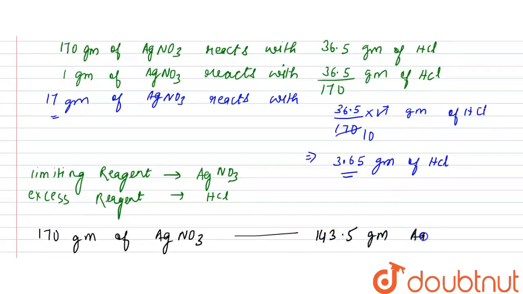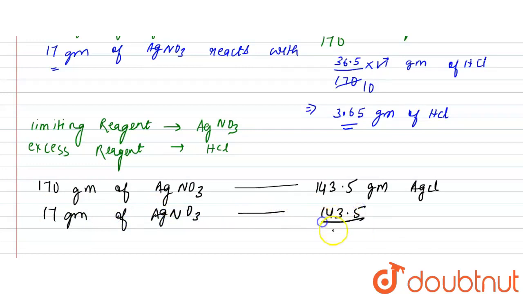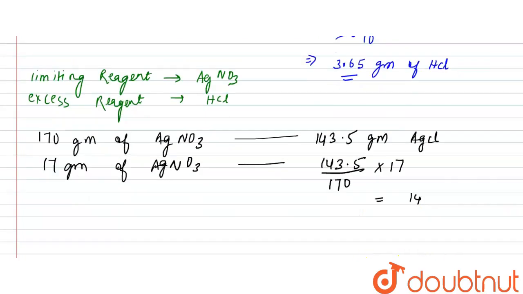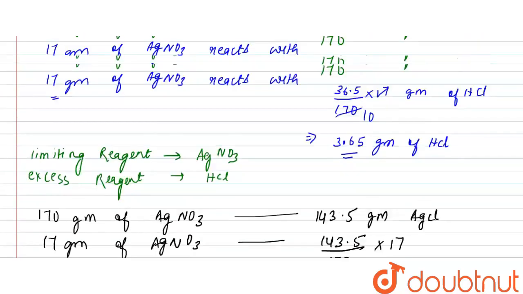So finally you have to calculate for 17 gram. 17 gram of AgNO3 will give you 143.5 divided by 170 into 17, which will come out to be 14.35 grams of AgCl. So this is the amount of AgCl which will be formed because AgNO3 is completely utilized.